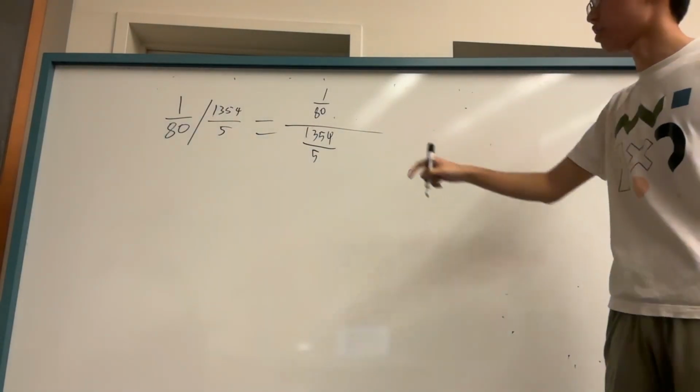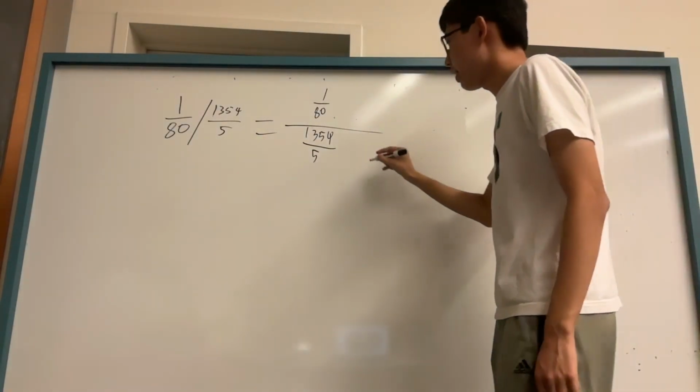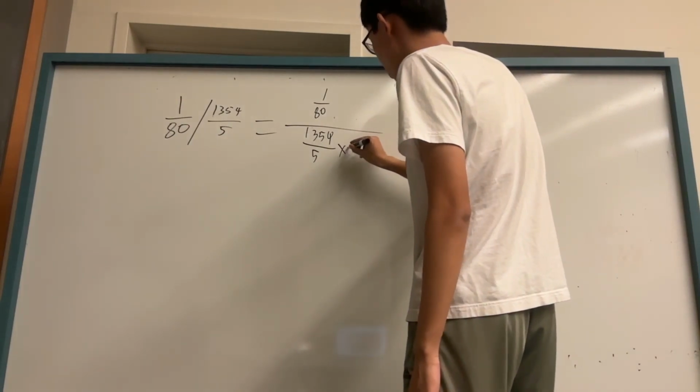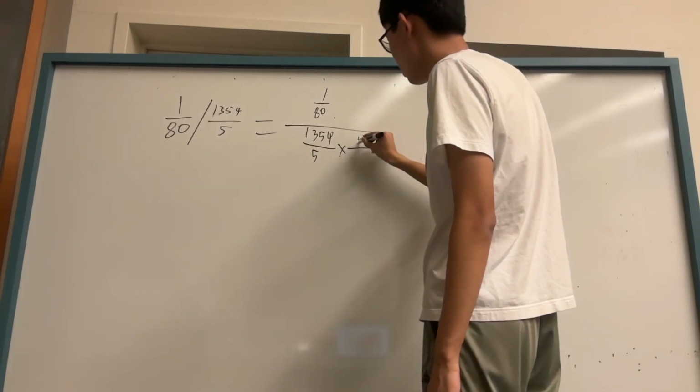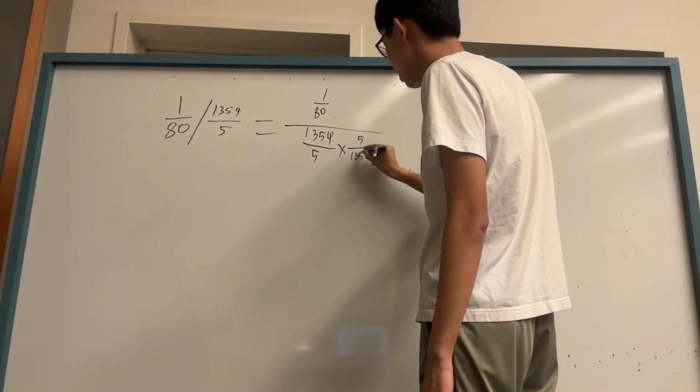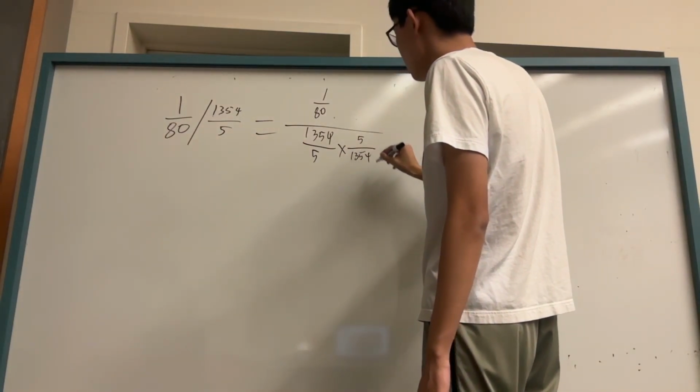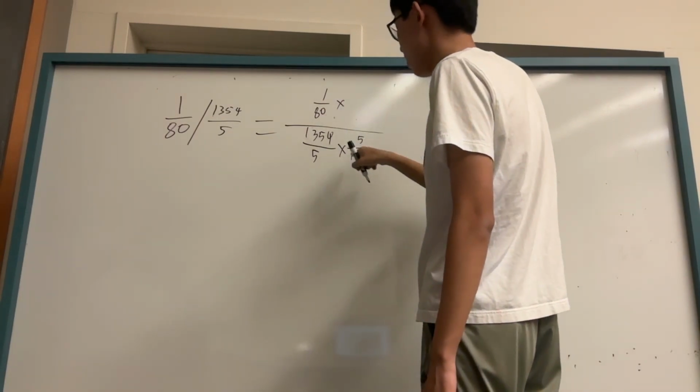We can write this as a large fraction. And how do I make the denominator equal to 1? You multiply it by the number's reciprocal. Whatever you do on the bottom, you do on the top.